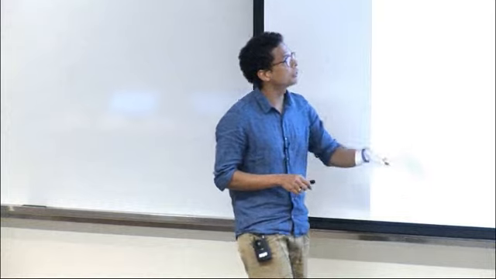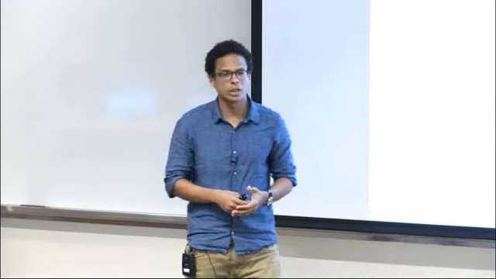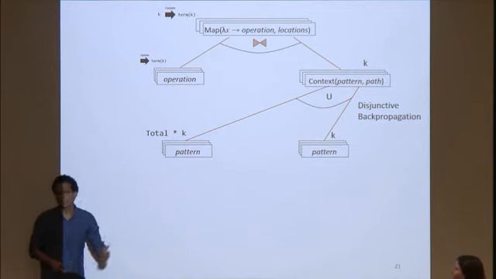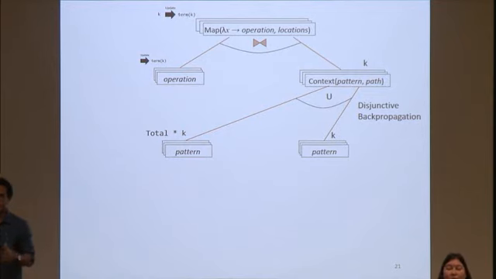Another problem here is that while in the first operator we have two independent problems to solve, we can solve operations and then solve locations and combine both problems. Here, the problems are dependent. To generate a path, we depend on the tree that is the context for that path.